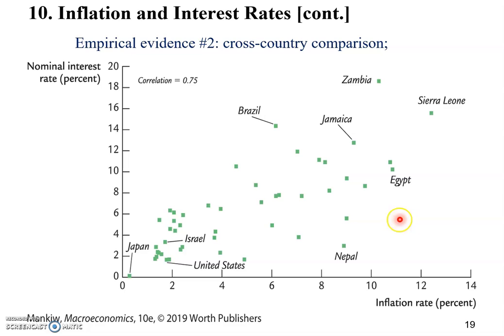Of course, across the sample we find a strong positive correlation between these two. So the evidence is in favor of the Fisher equation as well.